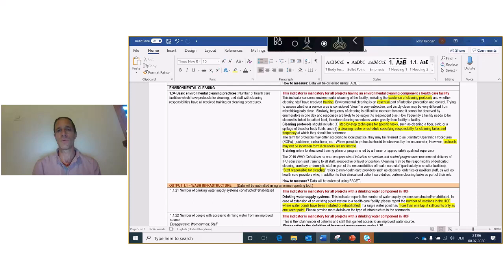So in that case, we should come up with some other types of materials, such as interactive picture materials, to respond to their needs in understanding and fulfilling their duties. The staff responsible for cleaning could be anyone from auxiliary health providers, orderlies, auxiliary staff, and any staff who, in addition to their clinical responsibilities, may also be involved in cleaning.